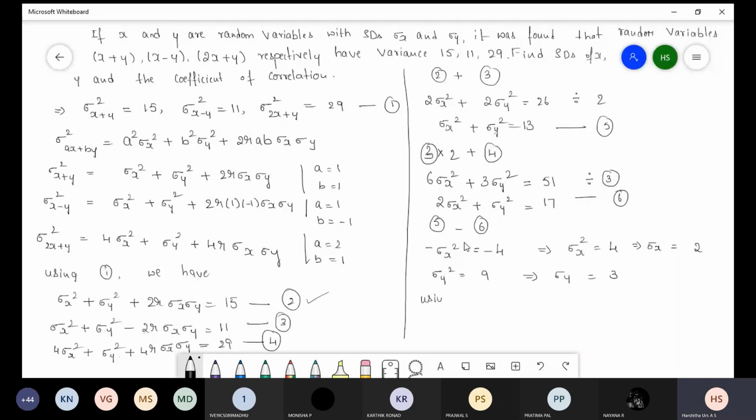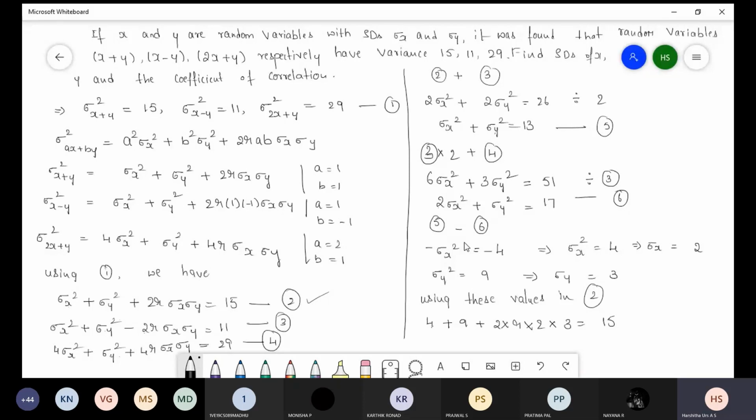So we can write here using these values in equation 2. Sigma x square value is 4, sigma y square value is 9, plus 2 into r into sigma x value is 2, sigma y value is 3, that is equal to 15. So 4 plus 9, we get 13.